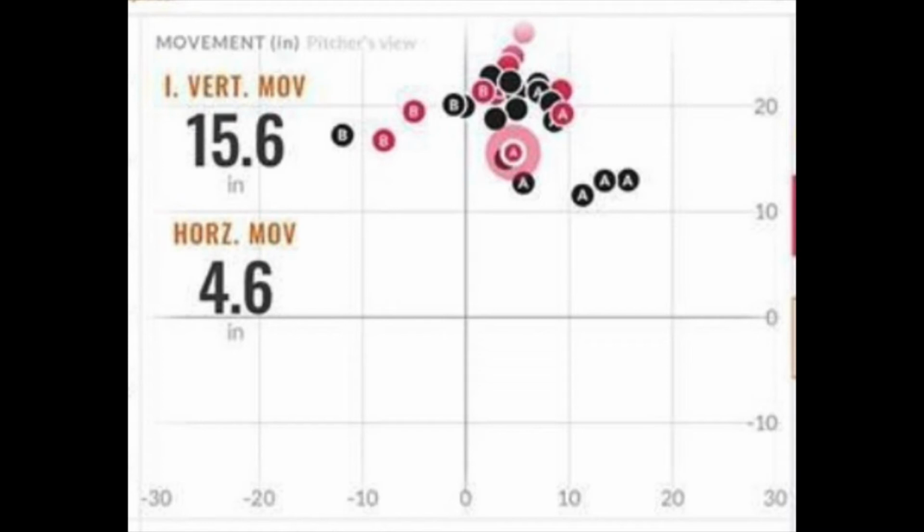The same is true for the horizontal movement. You take that same ball that is in space, not affected by gravity or wind or anything like that, and you take that point and measure it side to side and you get your horizontal movement. In this case, it's only 4.6 inches away from that ball that's spinning in space. Ideally, for a sinker, we want it to be 15 inches plus for this to be a good, effective pitch.